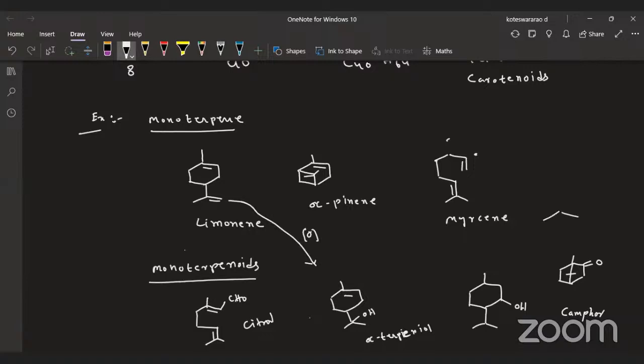Camphor also looks like this. And menthol here. This is terpenoids.